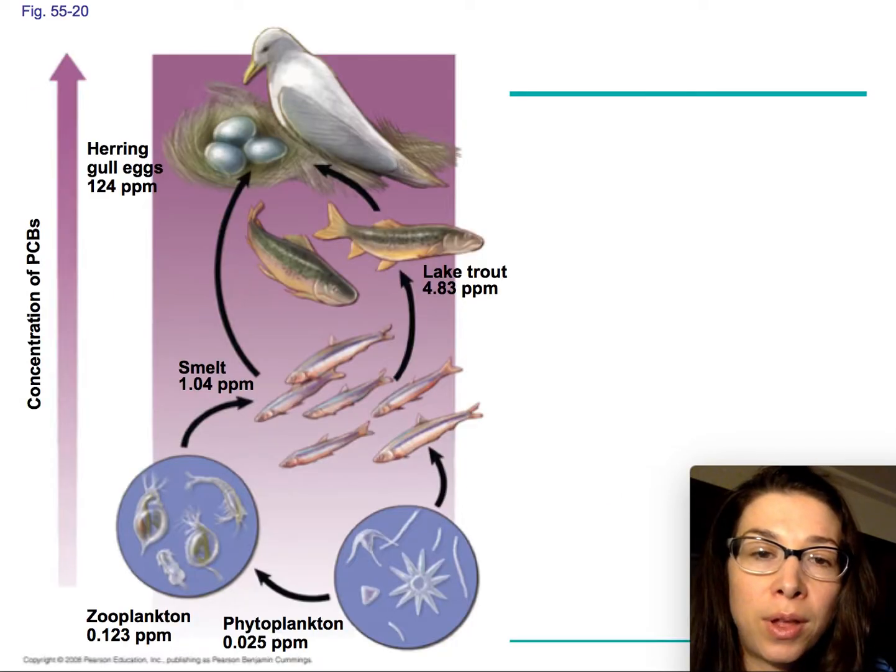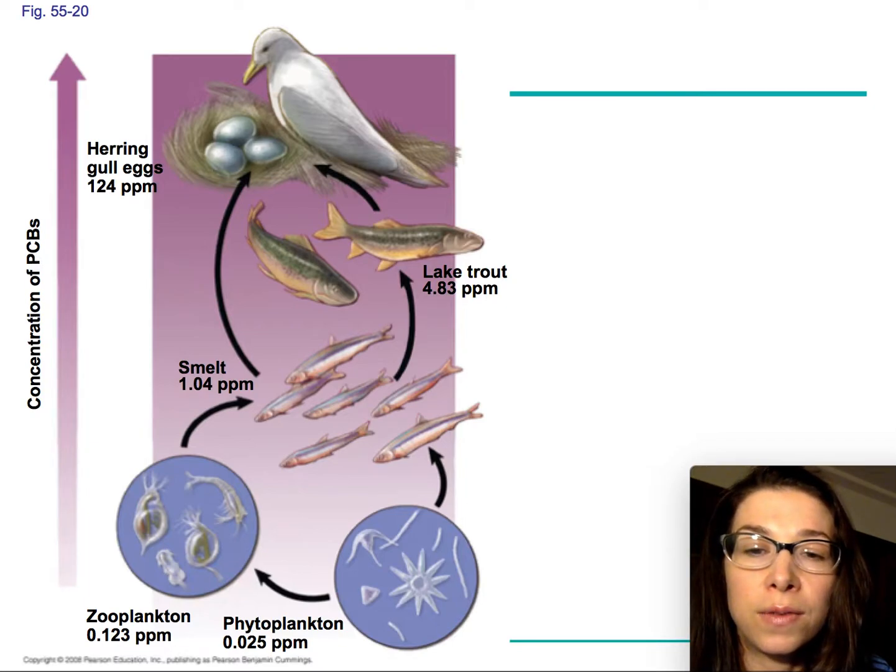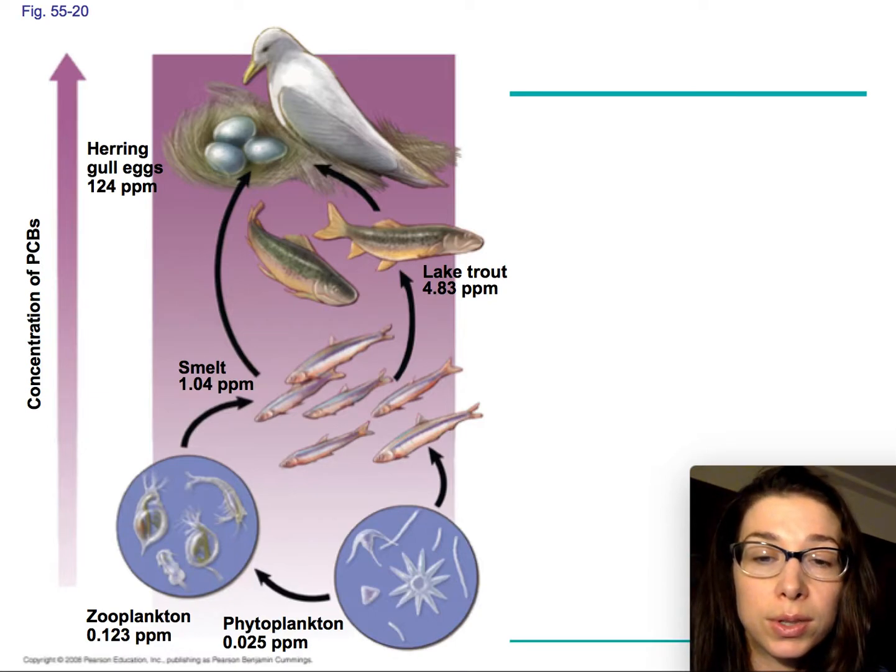There are a couple of cartoons about biomagnification just to give you an idea of the numbers that we're talking about. And again, this was in your Symbio module, so this should hopefully be already familiar.